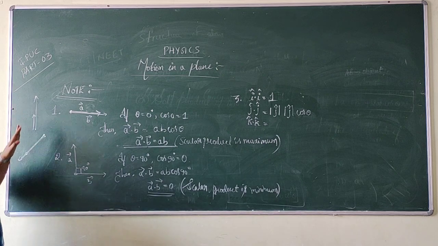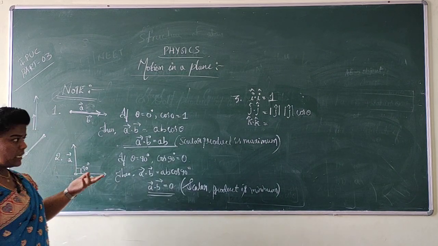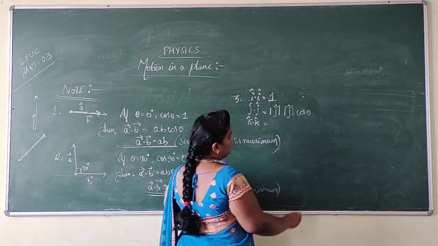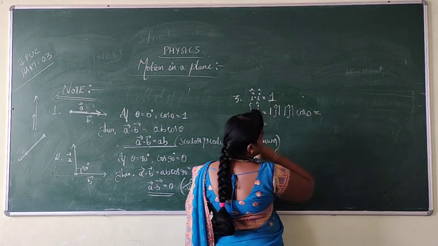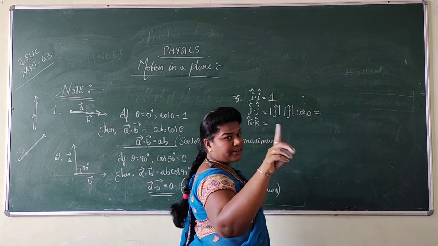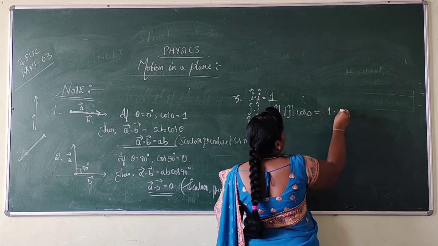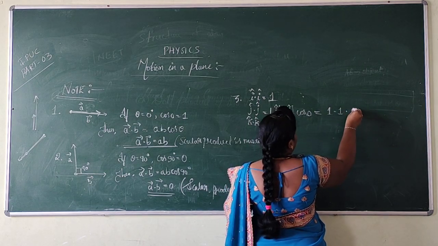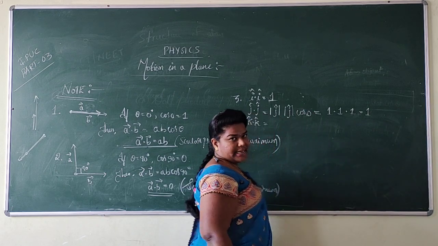Both are on the same axis. But what is the angle between them? 0, because both are moving in the same direction. So cos 0 is 1. Magnitude of j is 1, magnitude of j is 1, into cos 0 is 1. 1 into 1 into 1 is 1 itself.